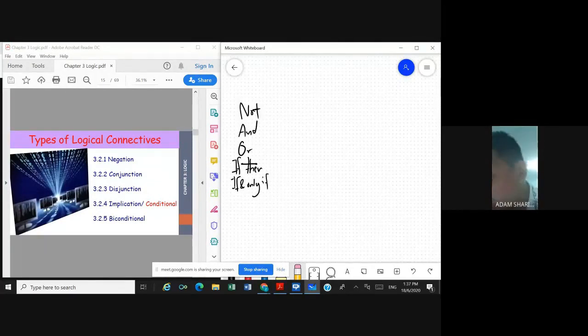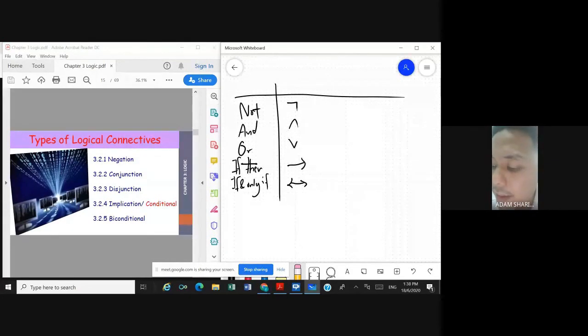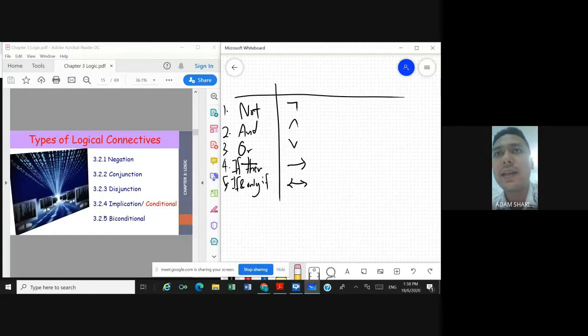The symbols: not, and, or, arrow, if and only if. This is the order of precedence. You must do not first. Not is the highest priority. Not is negation. And conjunction. Disjunction or implication or conditional is fourth. And biconditional is the last priority when you want to combine the logical operations.